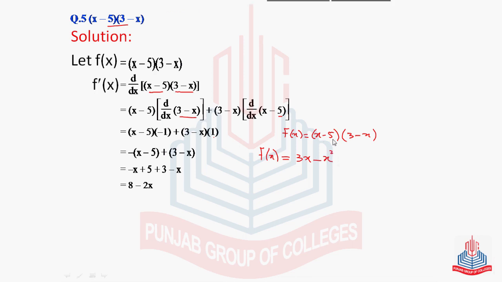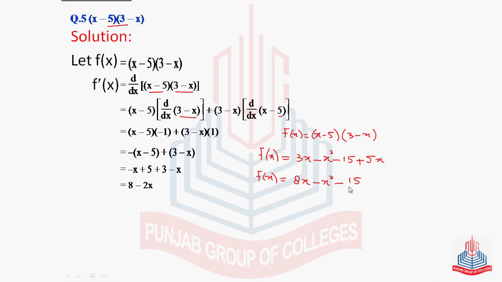Minus 5 into 3 will be minus 15, and minus 5 into minus x will be plus 5x. Now f of x is 5x plus 3x, which will be 8x, minus x square minus 15. Now this is the simplified version of the given question.